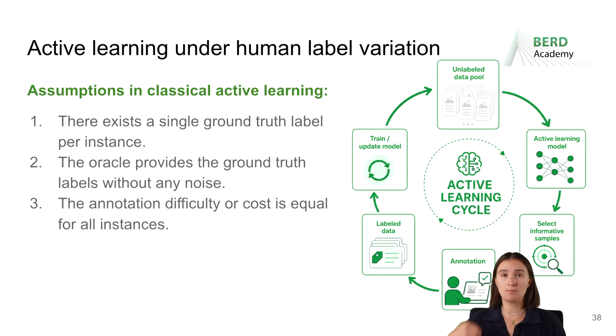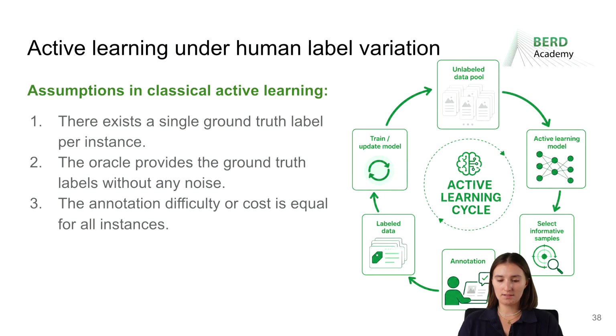However, many of those assumptions don't make sense when we face human label variation, and the last assumption that the annotation cost is equal also changes, maybe not necessarily with human label variation, but when we also consider, for example, large language models, LLMs, as annotators, which is used more and more nowadays. Which also belongs to this general topic of how does active learning change with changing settings.